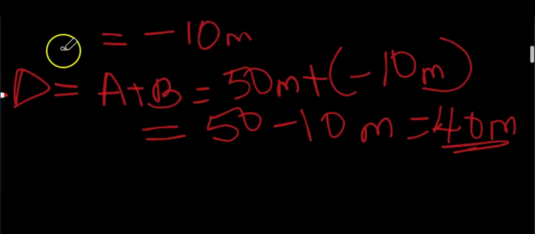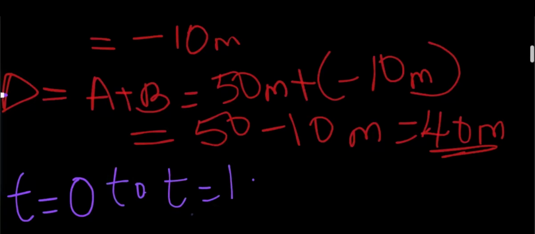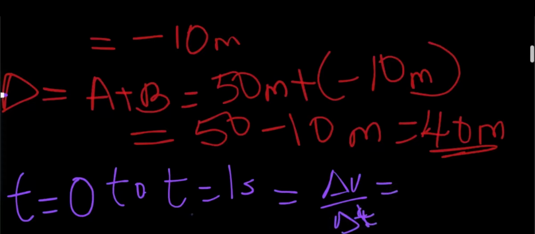To plot the acceleration, we know that from the segment of the graph where t equals 0 to t equals 1 second, it has a slope of dv/dt, that is, change in velocity over change in time.